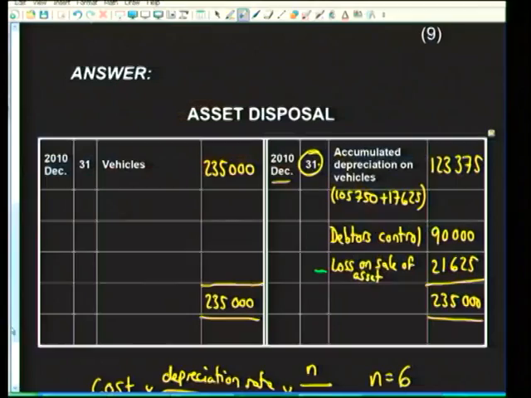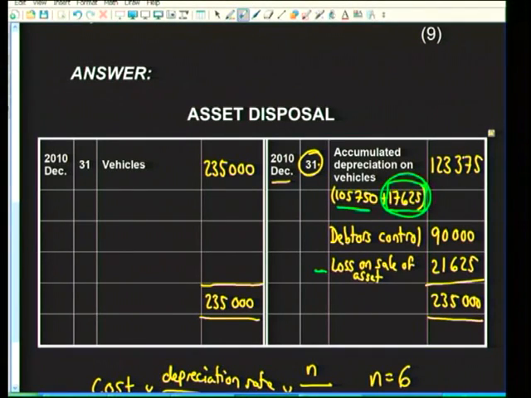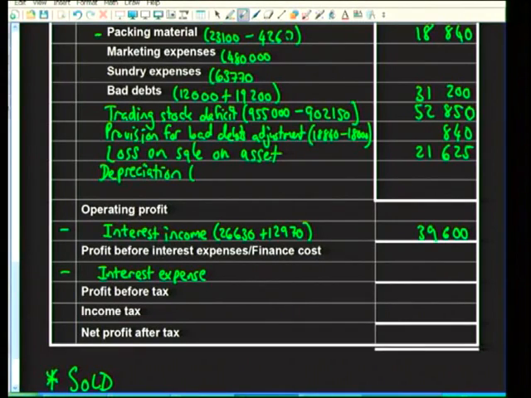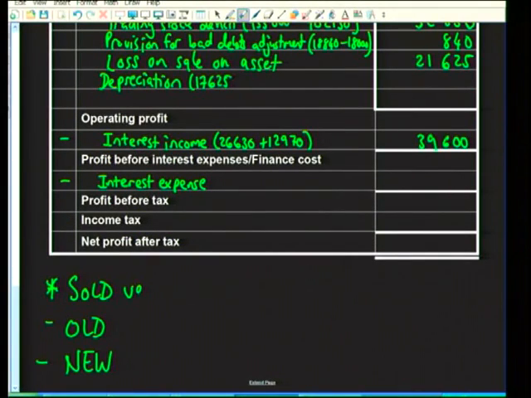That is simply the additional depreciation that you added in this financial year. So in other words, you may remember from our previous question that we started off with 105,750 and then we calculated this extra depreciation of 17625. That's the depreciation on our sold asset for this year, and that has to be included in the income statement. So the second part of this asset disposal is to go back to the income statement and record under depreciation 17625. That's the depreciation on sold vehicles.